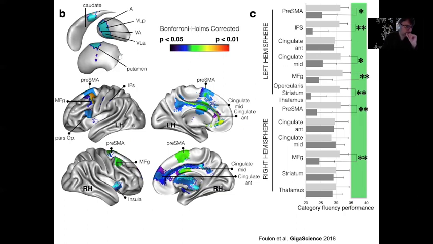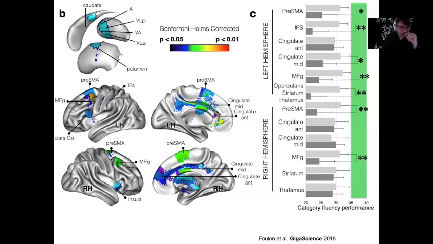What we can ask after that is whether this network of regions, which when they are disconnected contribute to the category fluency performance decrease, belongs to networks that are classically activated in healthy controls during the production of fluency, or the manipulation of categories. And so my next slide is about a meta-analysis of functional MRI activation in healthy controls during the production of fluency or the manipulation of categories.